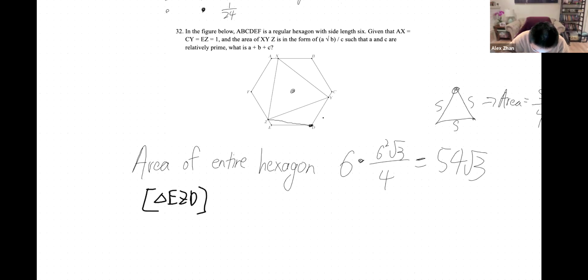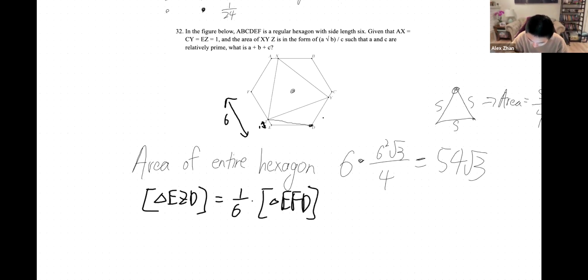Because we have that EZ is 1 and EF is 6, the area of triangle EZD is exactly 1/6 of the area of triangle EFD. And that is 1/6 of 9 root 3.